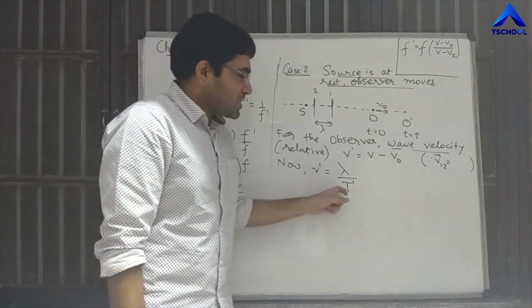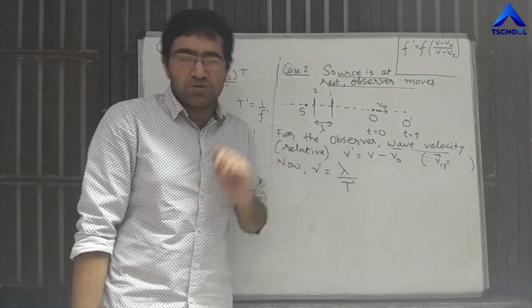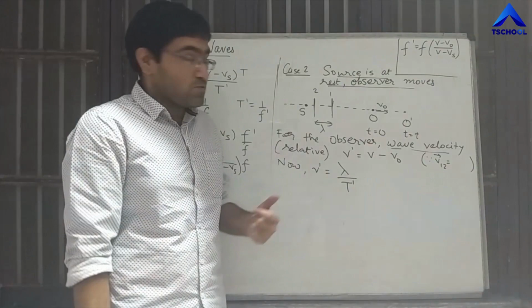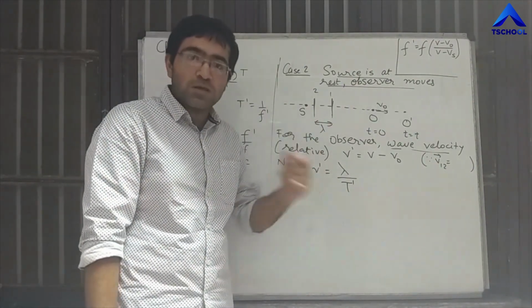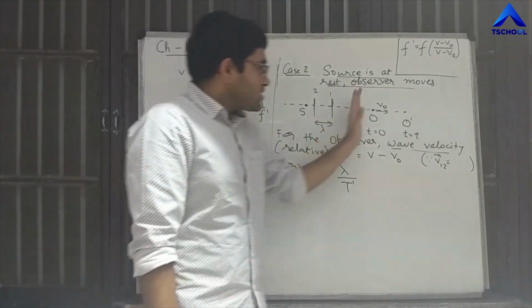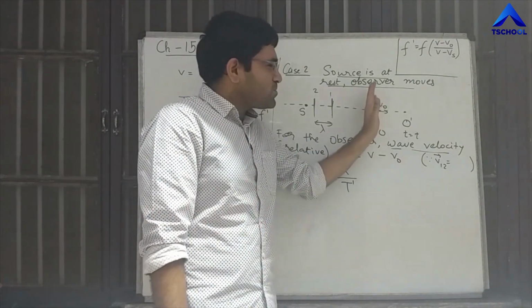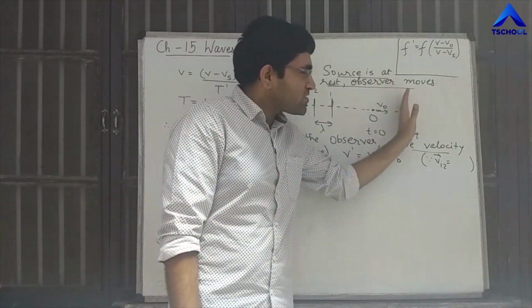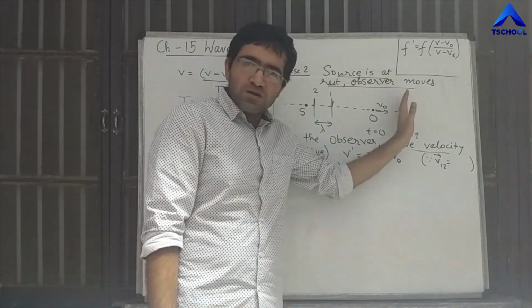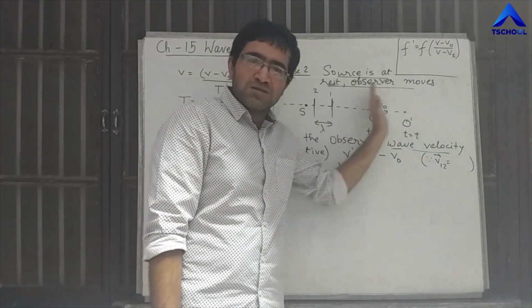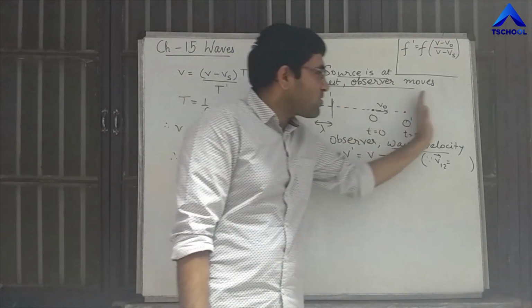This time period t dash is not going to be capital T, the same as the time period of the source, because let's say the observer receives some crest over here, but by the time the second crest arrives, this observer would already have moved.